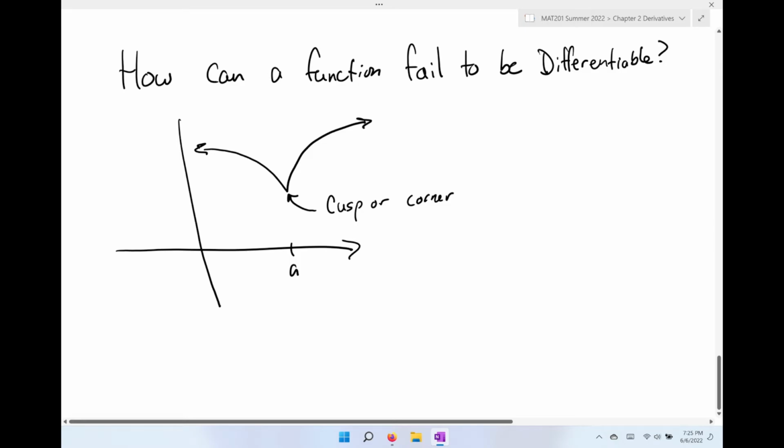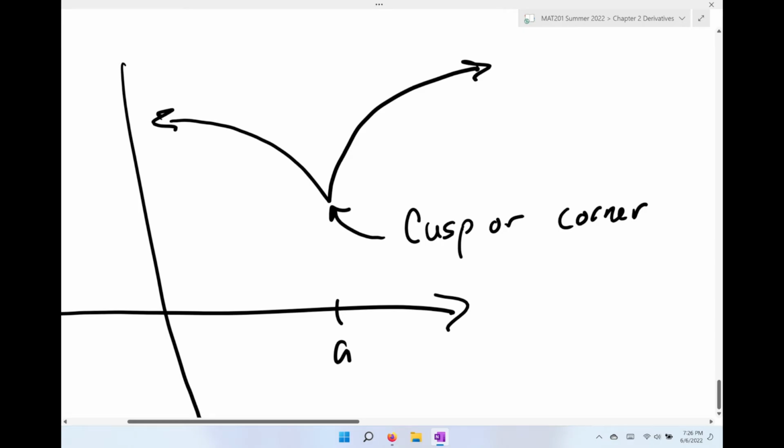And the easiest way to describe this would be, well, if you think about a tangent line, a tangent line has to be on a nice, smooth curve. Think of a roller coaster, all right? Well, at a cusp, if I zoom in here, how do you know the tangent line wasn't this?